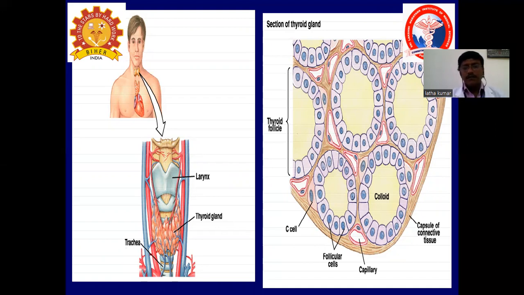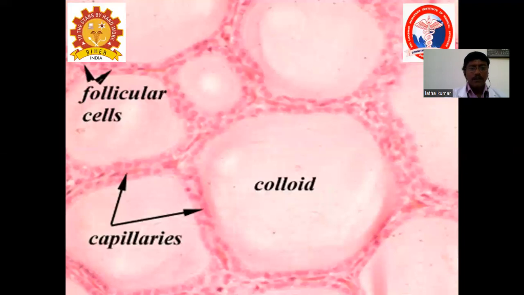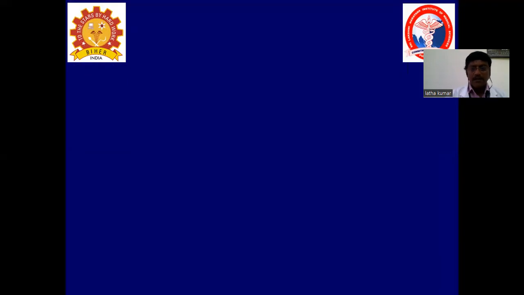And the colloid, which is in the center of the follicle, plays an important role in the functions of the body. Now, this is a real histological structure of the thyroid gland, which shows the follicular cells, colloid, and blood vessels, capillaries.